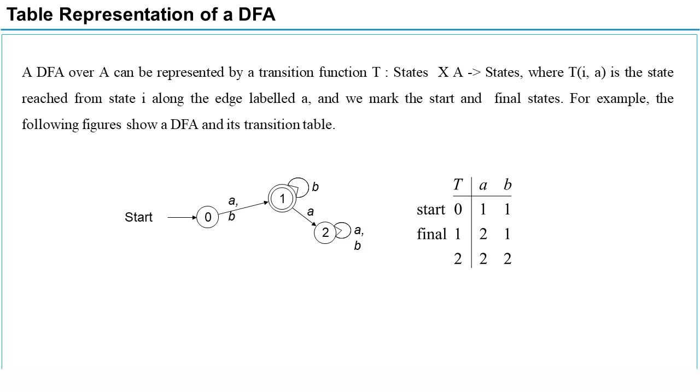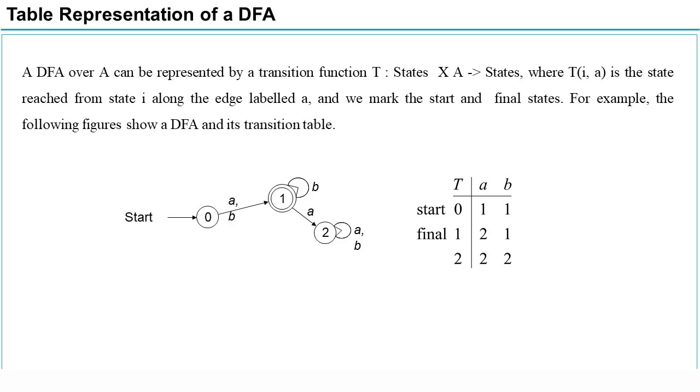Now the input is given on the edges. When I move from 0 to 1, the input may be either A or B. It reaches the state 1. Now when you move from state 1, when the input is A, it moves to state 2.